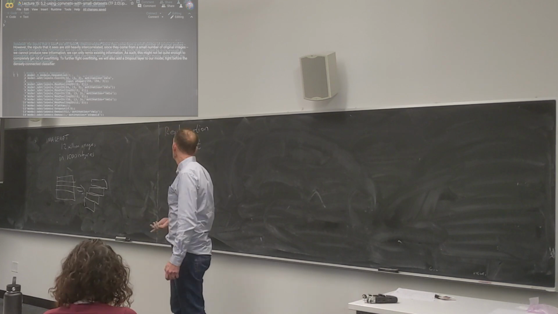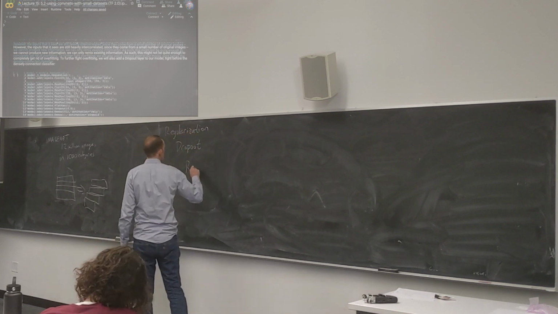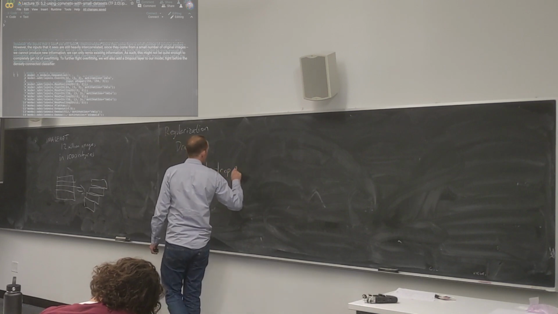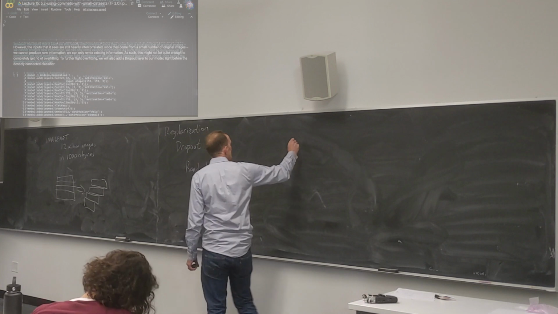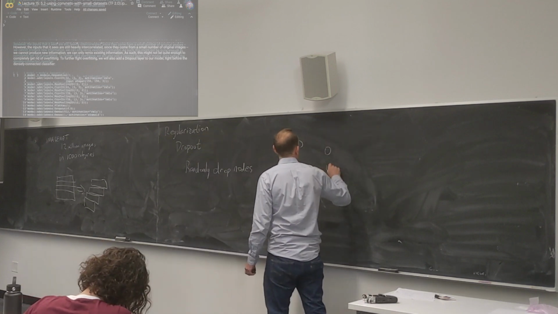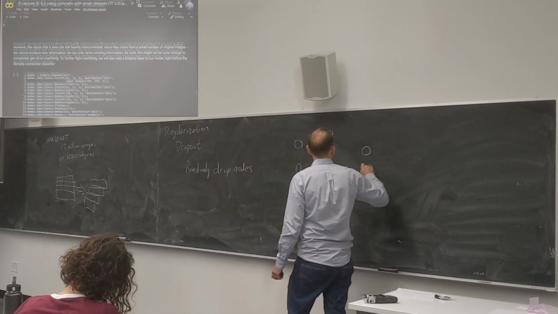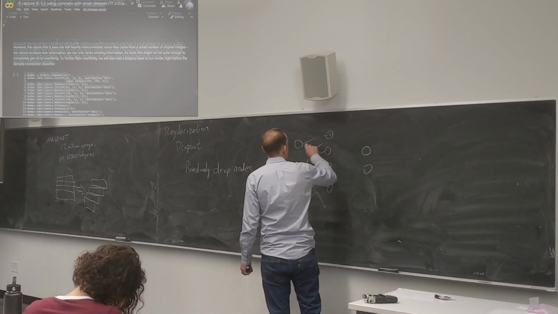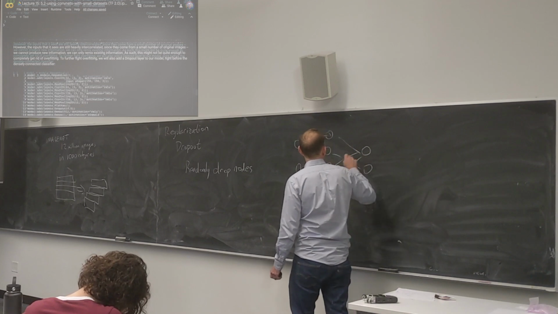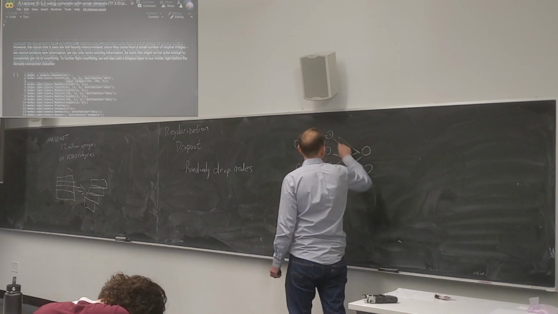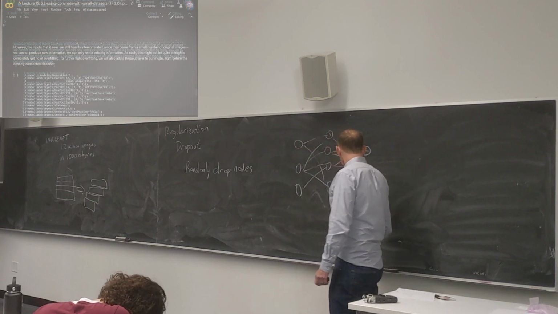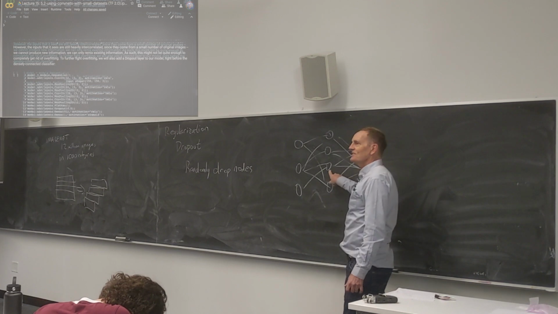Here's what we're going to randomly do. We're going to randomly drop nodes. That is, if we have a neural network, and we have all these connections, we might say, let's just say this node isn't here.